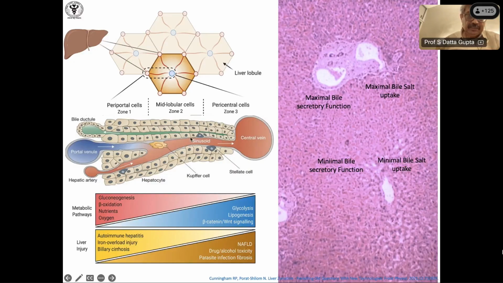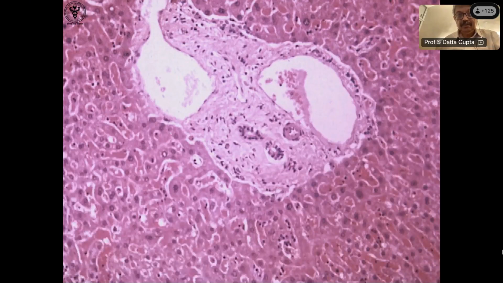Of course, if it's extensive, it goes all around the lobule. Same for NAFLD, whereas for biliary diseases, autoimmune liver disease and iron overload, the periportal areas are more important. So zone 3 for certain things, zone 1 for certain things, and zone 2 for certain things. Right? So this is how it is.